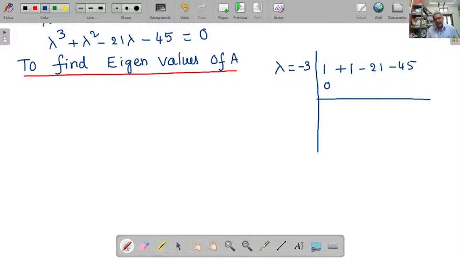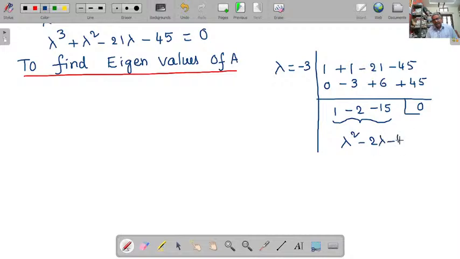Start with 0. So 1, negative 3, this will be negative 2, plus 6, you will be getting negative 15, so plus 45. So you are getting 0. That means lambda plus 3 is one of the factors of this one. This is called the depressed equation, that will be lambda square minus 2 lambda minus 15. Clear?